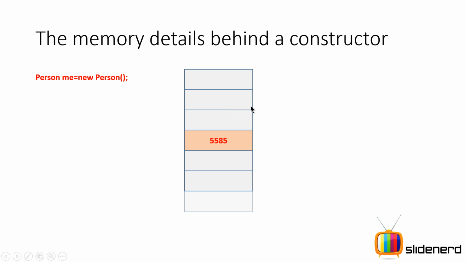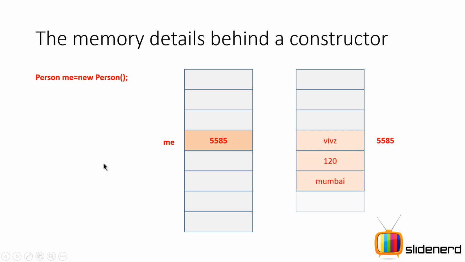There is a memory location, there is some number 5585, and me is actually containing this value 5585. In other words, me is this reference here. And what is this 5585? Let's take a look. This 5585 is the address where you can find the other details of the class, like the name, the age, and the city that you see over here.